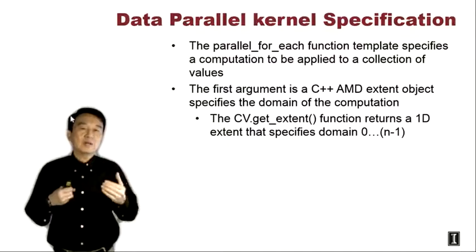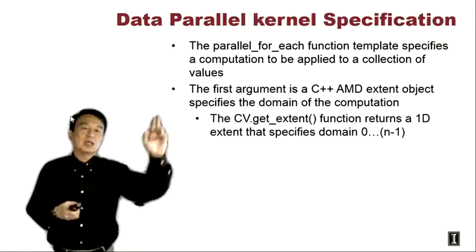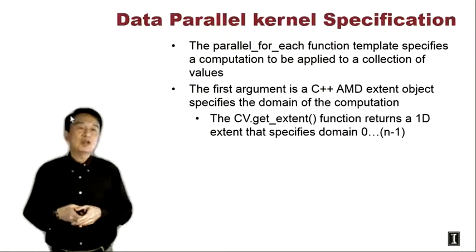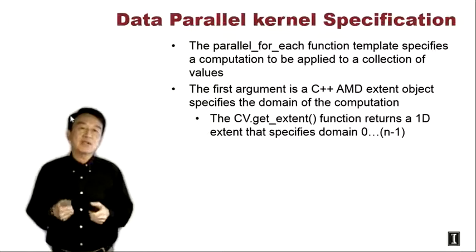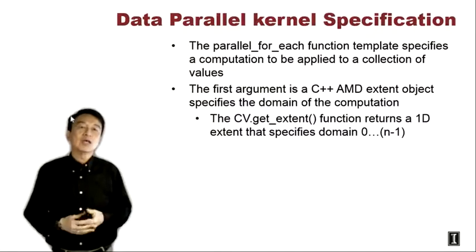Then we can move on to the data parallel kernel specification. The parallel for each function template specifies a computation that will be applied to a collection of values. This is really the main way for C++ AMP to specify data parallel computation. The first argument, the C++ AMP extent object, specifies the domain of the computation.